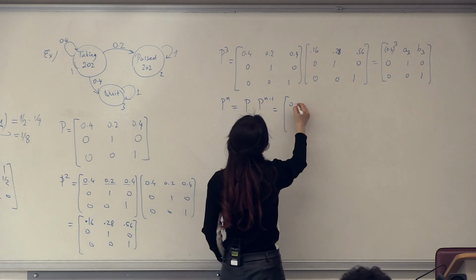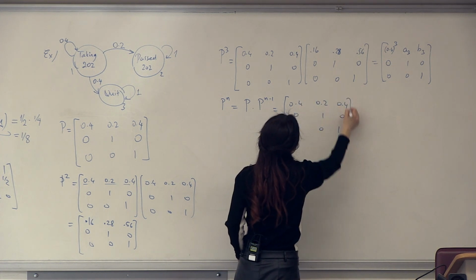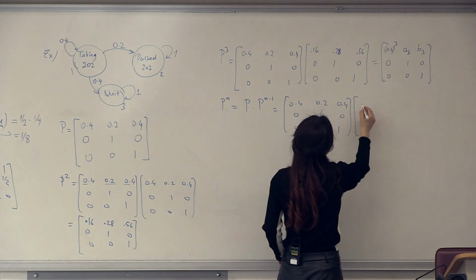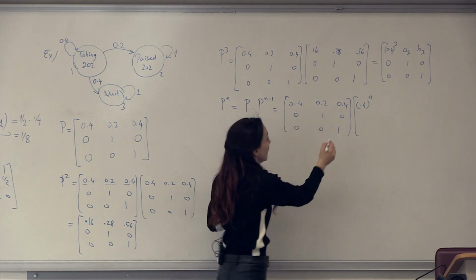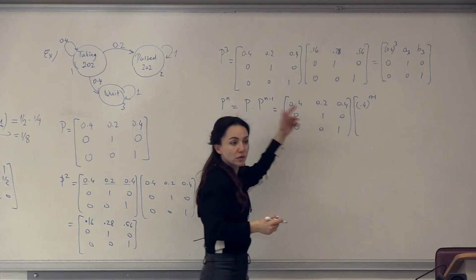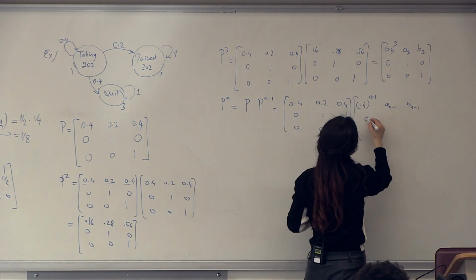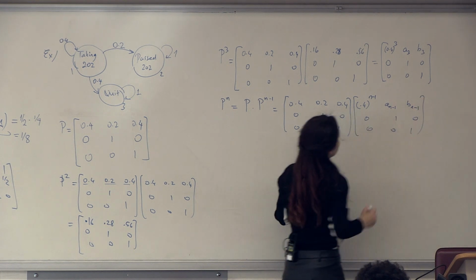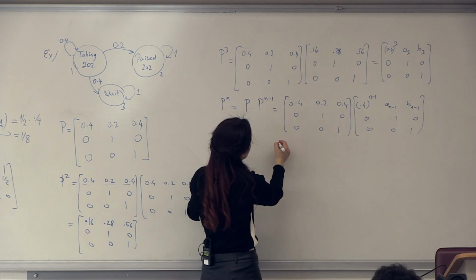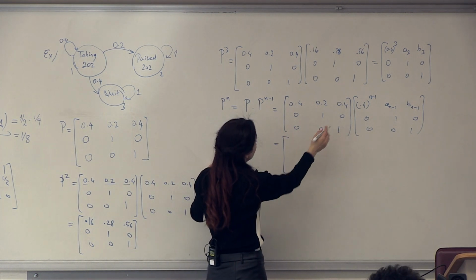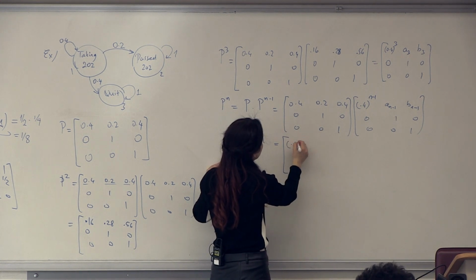So 0.4, 0.2, 0.4, 0, 1, 0, 0, 0, 1 multiplied by 0.4 to the n minus 1, which I clearly know from the pattern, and this is a(n minus 1), b(n minus 1), 0, 1, 0, 0, 0, 1. Now from here we see that when you do the multiplication, this is 0.4 to the n.